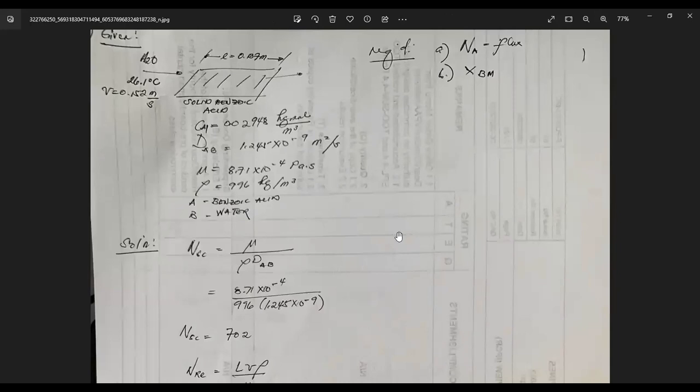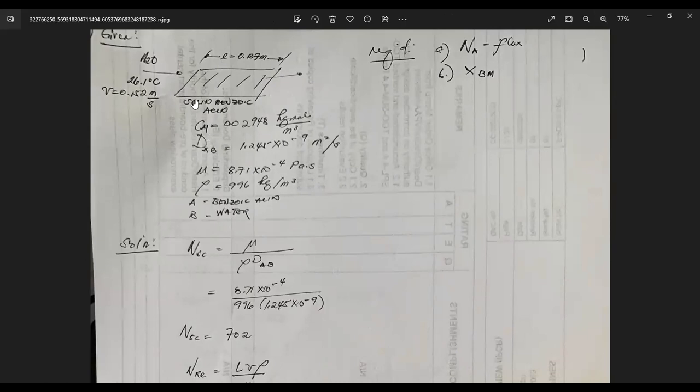Okay, so this is in the case of number 1. So you have your solid benzoic acid flat surface and water is flowing parallel to this flat surface. This is the temperature of water. This is the density of water. This is the length of the flat surface of solid benzoic acid.